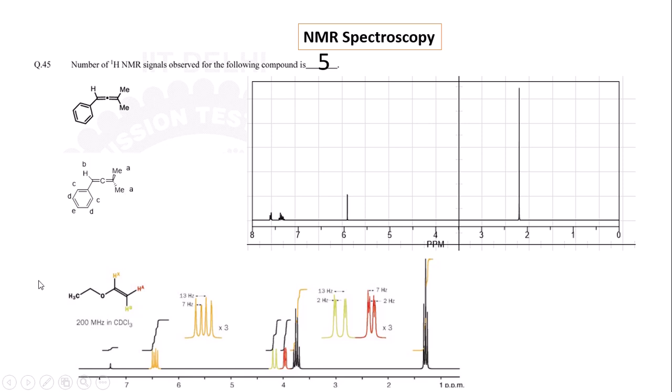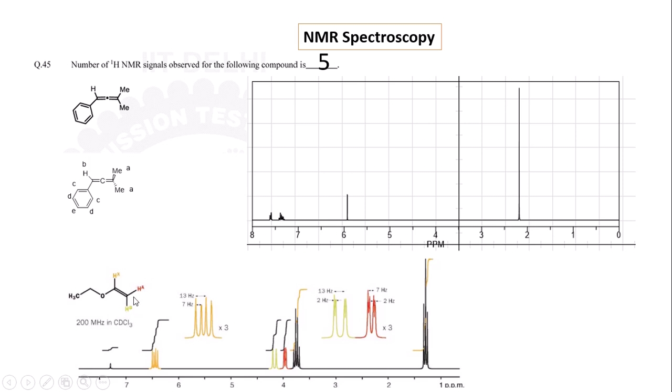And this NMR problem is taken from the Clayden book, where the sigma bond is not present between HA and HB. If we take the sigma plane here, HA and HB are not equivalent. So HA gives one signal and HB gives another signal.